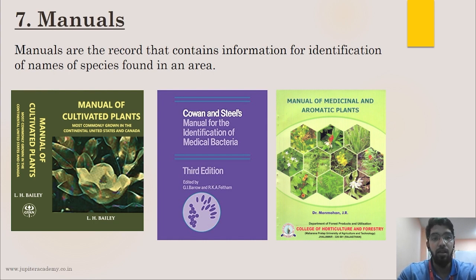All those kinds of information are given in a manual, and how to identify the plant, for a particular area again. As you see in the examples, we have a manual of cultivated plants, a manual for identification of medical bacteria, and a manual of medicinal and aromatic plants, meaning that these books help us to identify what kind of plants are there, their names, and what is there in the plant and stuff like that. So it is helpful in the identification process.